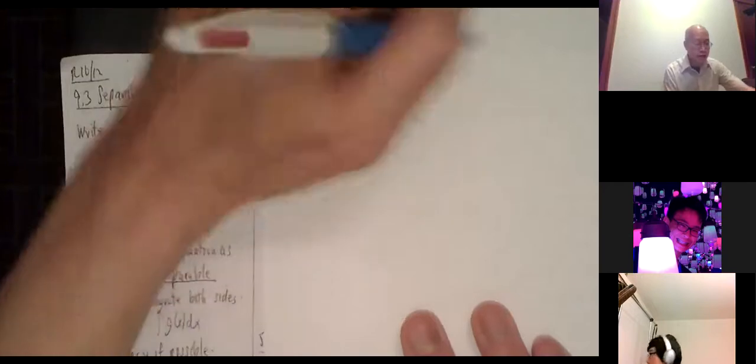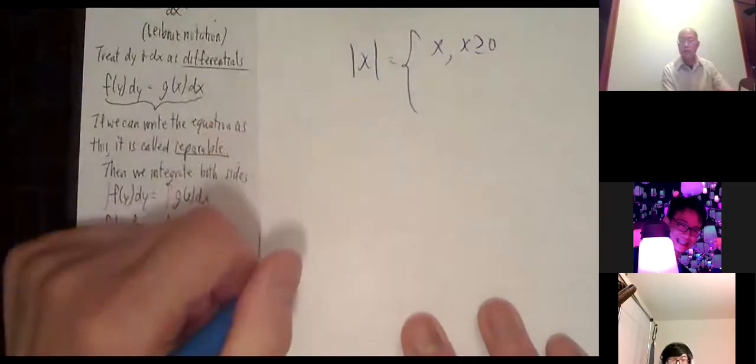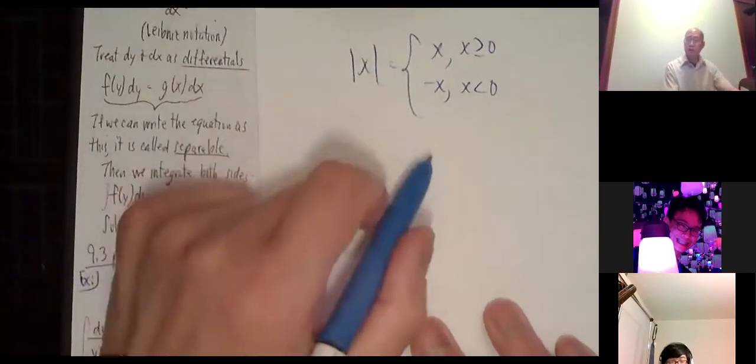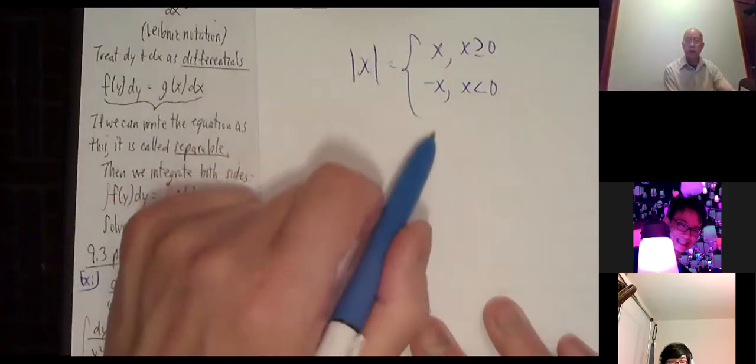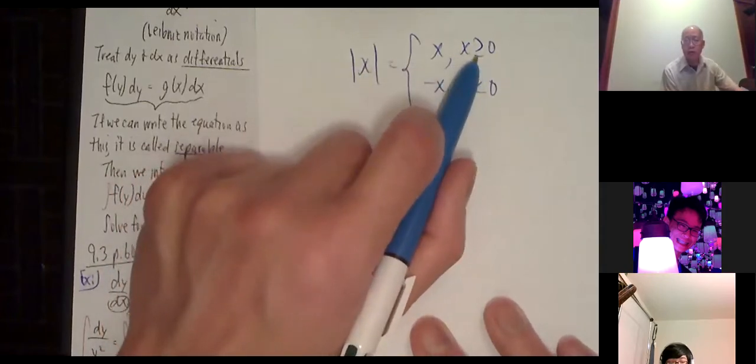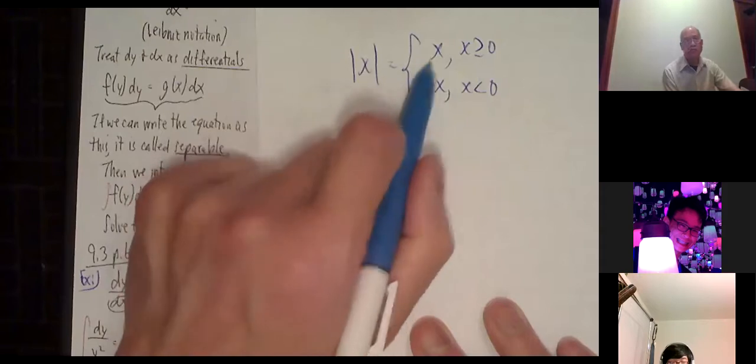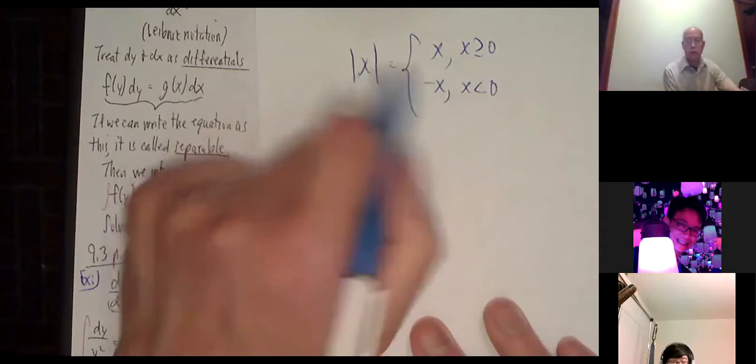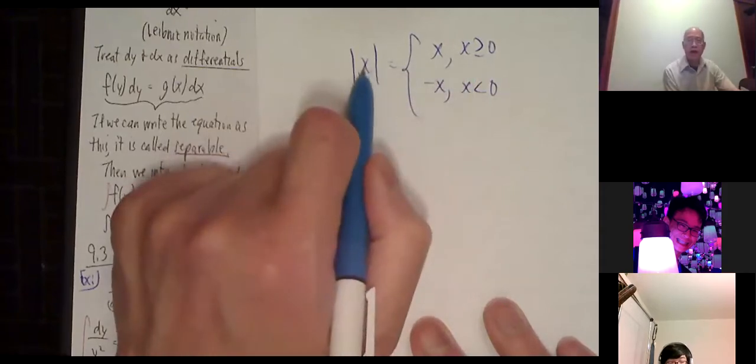Absolute value of x is the same thing as x if x is greater than or equal to 0, but it's equal to negative x if x is less than 0, right? The absolute value of a number is the same as the number if I have a number greater than or equal to 0. Like, what's the absolute value of 7? 7. What's the absolute value of 0? 0. What's the absolute value of pi? Pi.